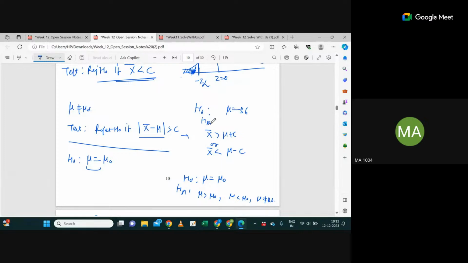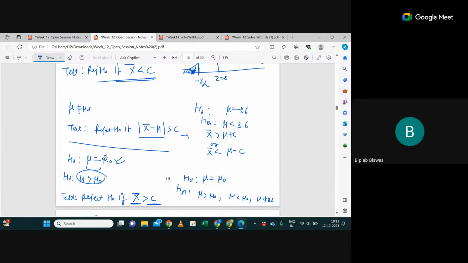The alternative you suspect is mu less than 36. If the alternative is mu greater than something, then I will reject his claim if the mean of the sample data is greater than some value C. Yes or no? Correct.